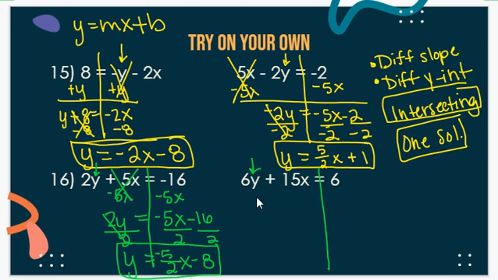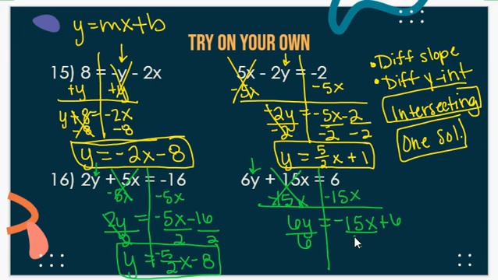All right, and the last one, I have my y here, so I want to start by subtracting 15x. What you do to one side, you do to the other. So the plus 15x and minus 15x cancel. I'm left with 6y. Bring it down. This I'm going to write in the order of mx plus b, so negative 15x plus 6, because that's a positive 6. Divide by 6. Each term gets divided by 6.